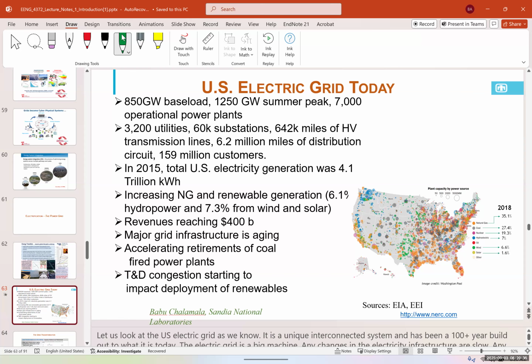It was 850 gigawatts base load, 1,250 gigawatts summer peak, because obviously in summer, when the weather gets warmer, everyone runs the HVAC and power increases. 7,000 operational power plants, 3,200 utilities, 60,000 substations, 642,000 miles of high voltage transmission lines, 6.2 million miles of distribution circuits, and 59 million customers.